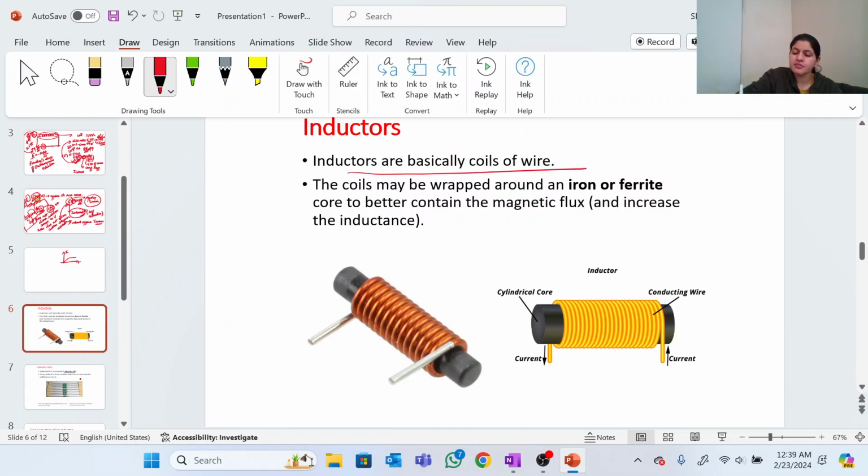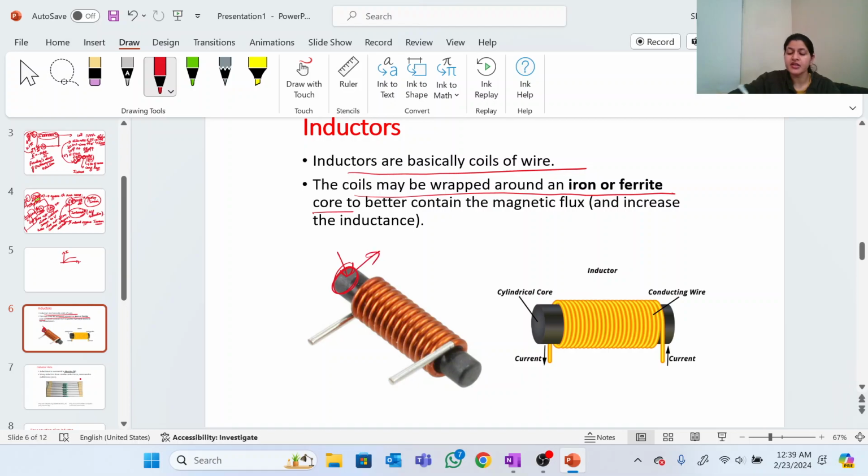So inductors are basically coils of wire. The coil may be wrapped around an iron or ferrite core. This core also plays a very important role. The better this core is, the more it will behave like an electromagnet, the better the magnetic field, or better flux, or better inductance will be there.